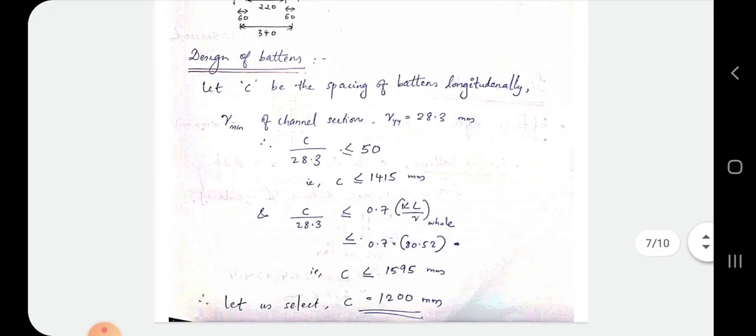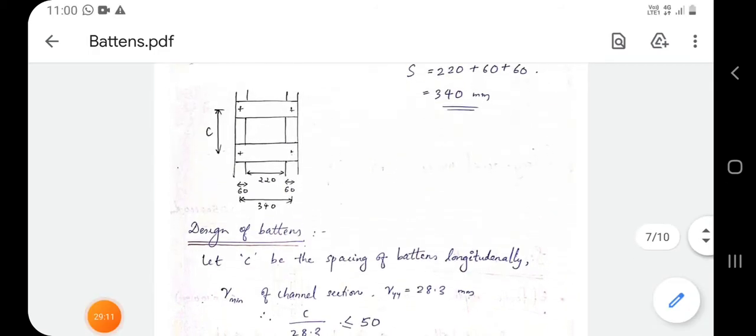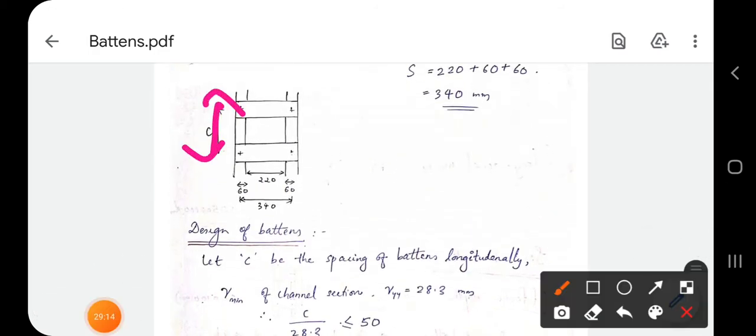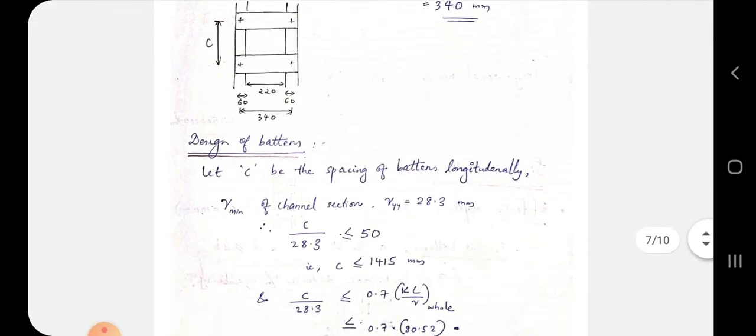So we have to find the C value by using that condition. Let C be the spacing of battens longitudinally, the longitudinal spacing between batten plates.